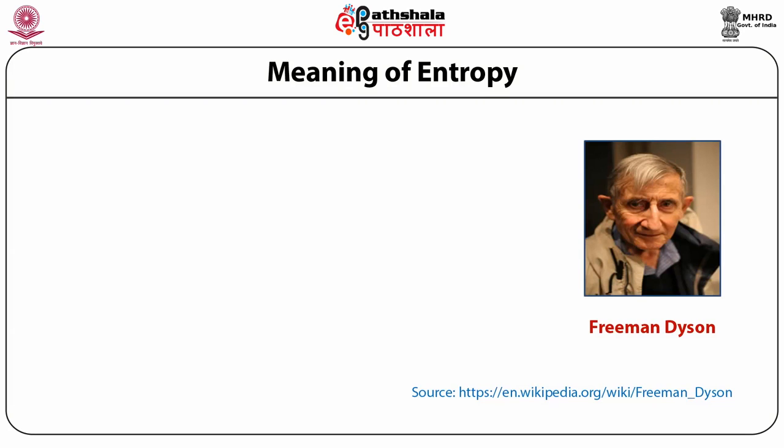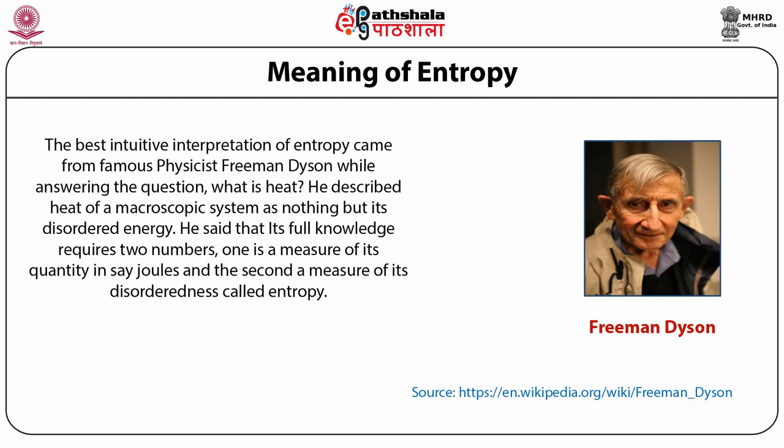Physicist Freeman Dyson gave a very interesting explanation of this. And this is the best intuitive interpretation which answers the question, what is heat? He described heat of a macroscopic system as nothing but its disordered energy.